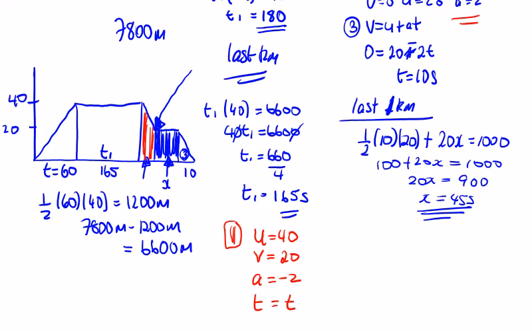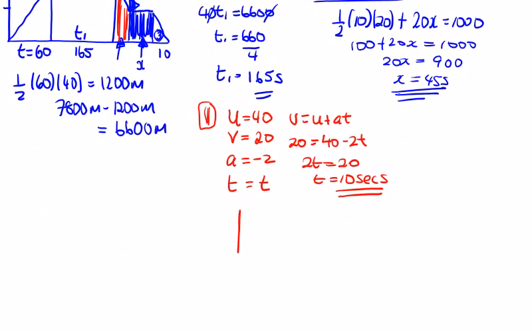So using v is equal to u plus at, to find the time. V is 20, my initial velocity is 40, and I'm slowing down with an acceleration of 2. So I'm going to get 2t equals 20. So t in this case is 10 seconds.